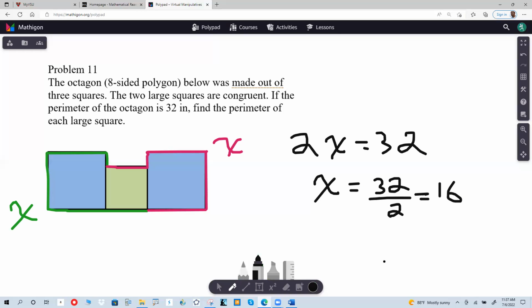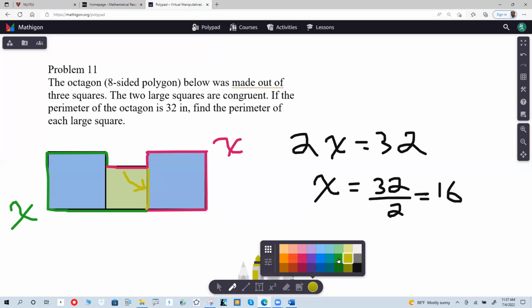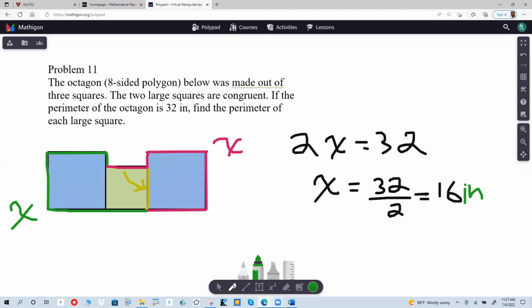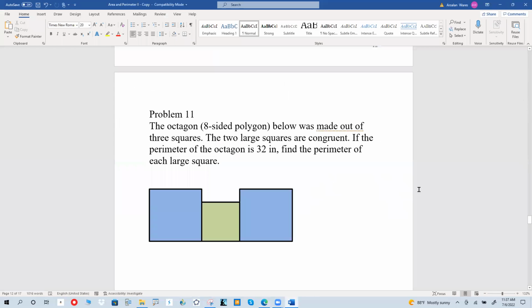And what is X really? It's the pink lengths. The pink lengths together form the perimeter of the blue square. If you don't believe me, let me show you again. Okay, so my answer is 16 inches. Now I will go back and check my answer. I know I wrote it in green, but let me check my answer before I pause for a second.